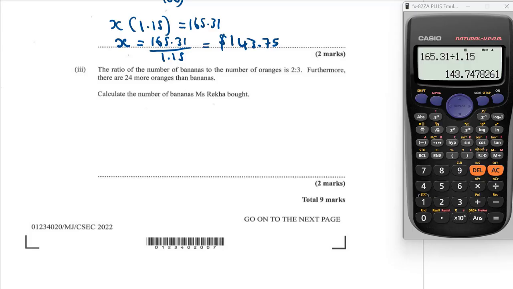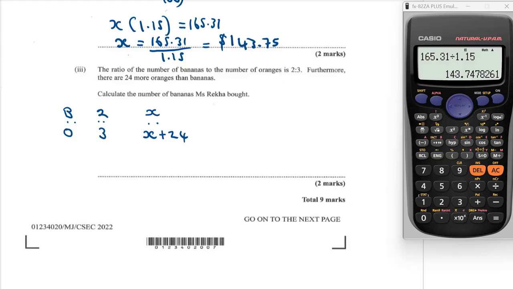So we have bananas to oranges, and they told us the ratio is 2 to 3. Furthermore, they told us that there are 24 more oranges than bananas. Now, I don't know how many bananas there are, so I'm going to say this is X. And also, there are 24 more oranges than bananas. So I'm going to say this is X plus 24.